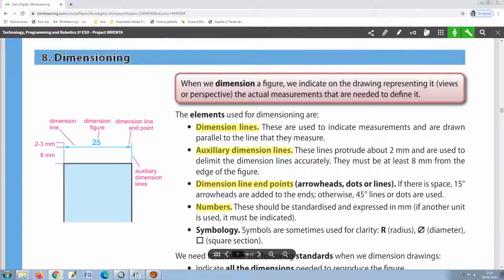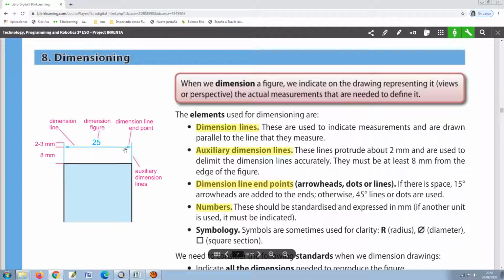The dimension lines are the ones that we use to show the distance between two points we want to measure, but we always have to use the auxiliary dimension lines, those over here, and those are to mark what is the line that we are measuring.